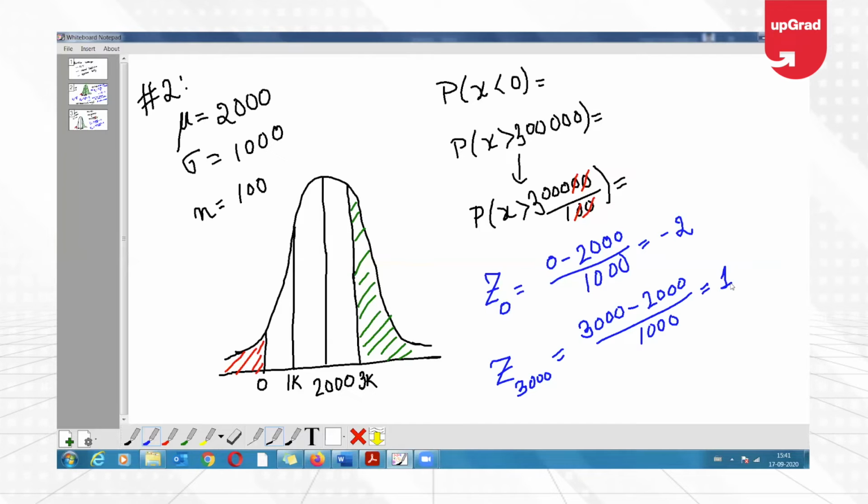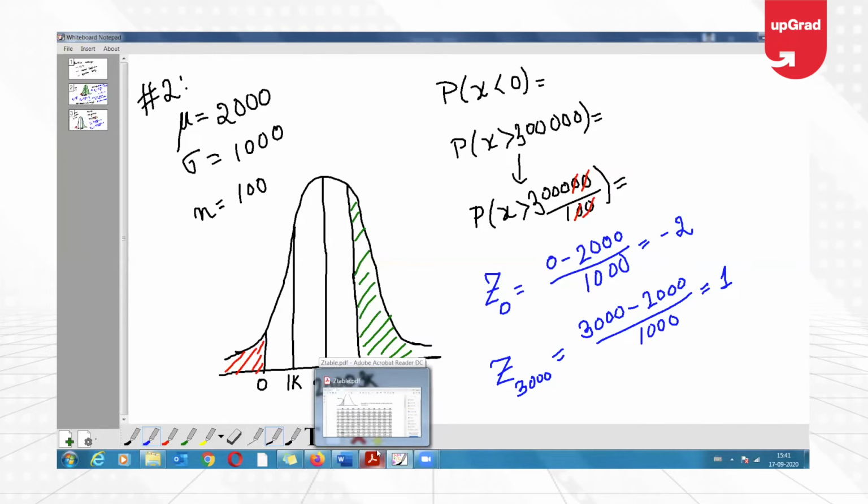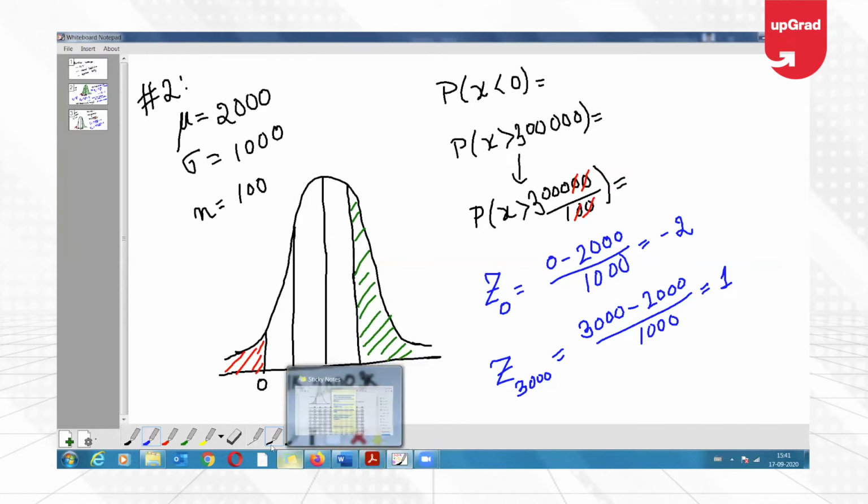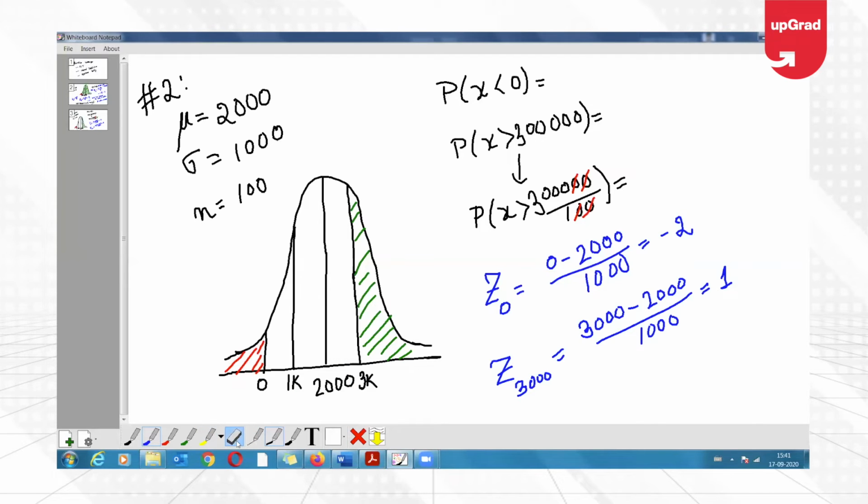So now from the z score, let's figure out the p-values. Just to make the problem interesting, I will make a small change here. I will say suppose this is 3200, say this is 3176.